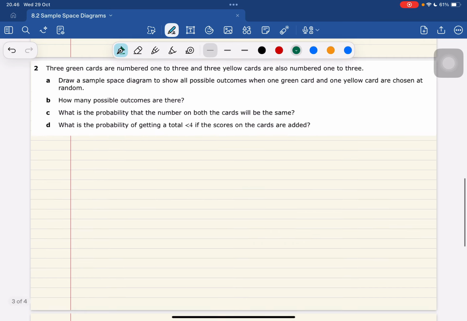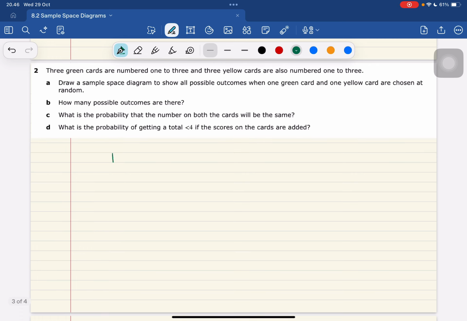So the greens will be 1, 2, and 3. Next, for the yellow, let's say 1, 2, and 3.